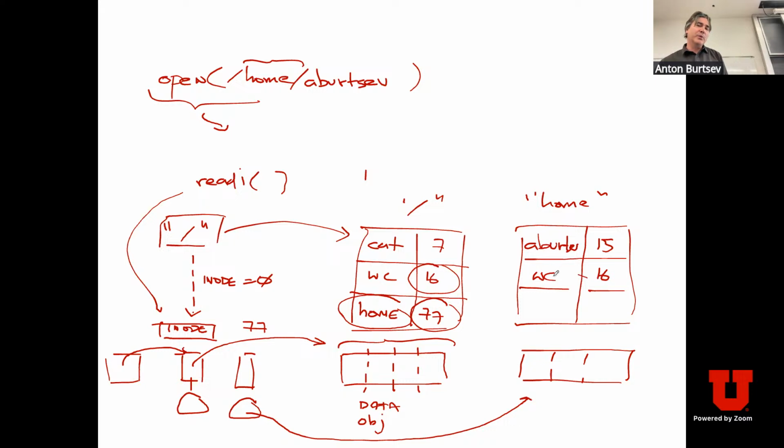And you can call it WC number 2, for example. But they internally point to the same inode. So when you try to open WC, no matter how you enter this, through this path or through this path, they will all lead you to inode number 16. And then you read the content of the 16.